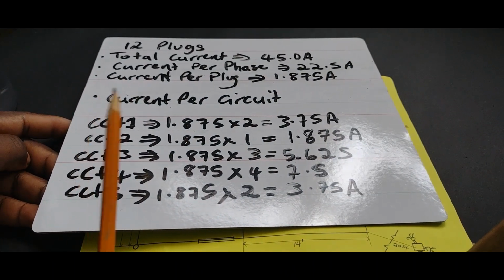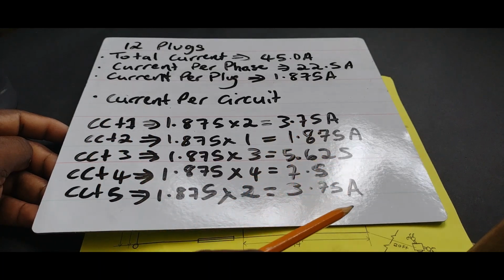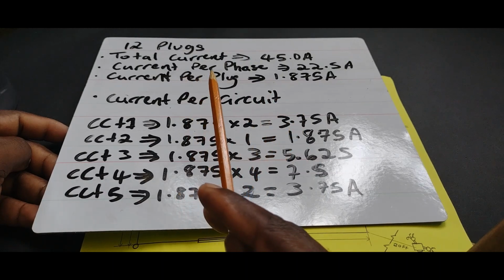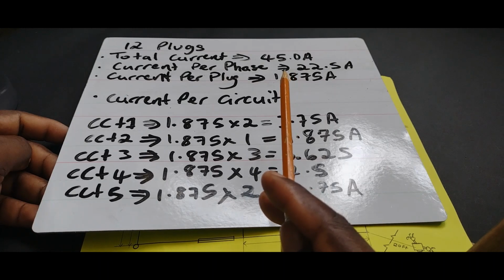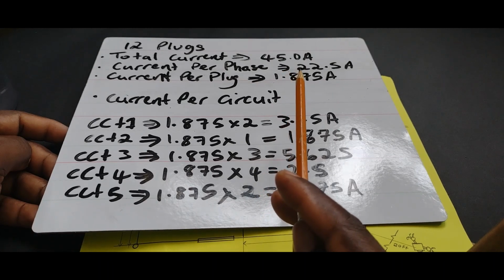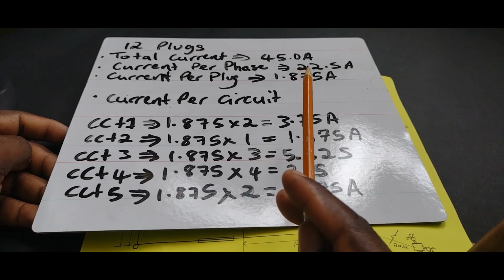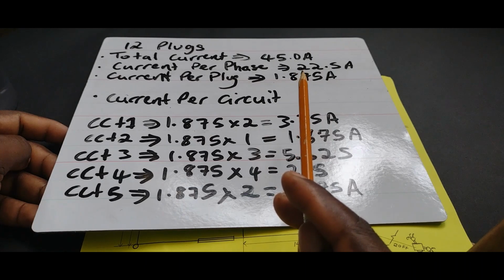Now, we want to bear in mind that all of this current, when we add it up, we will get the current per phase. And the current per phase is the amount of current that one line of the 2 phases coming in from the main will be carrying. If it was 110 wiring, they would all be coming in through one line.